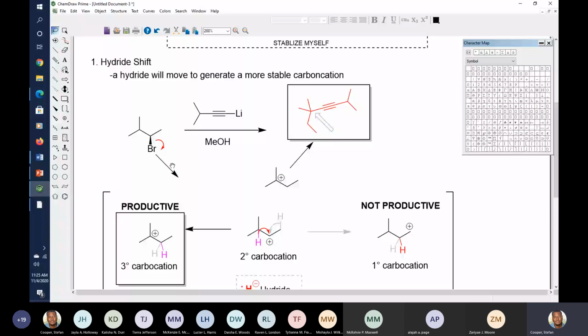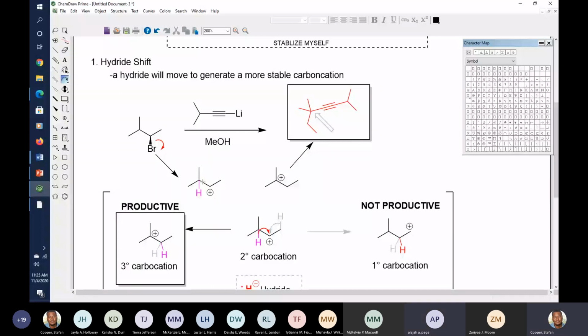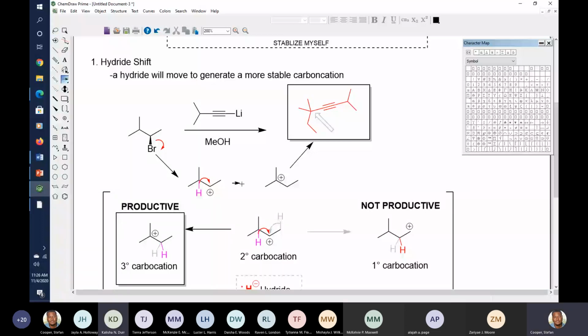I'm going to go ahead and try to redraw this out. Any other takers? Can you ask the question one more time? The question is, why don't I draw a wedge and a dash indicating a racemic mixture? You said indicating a racemic mixture?